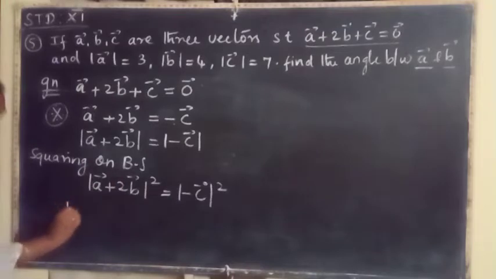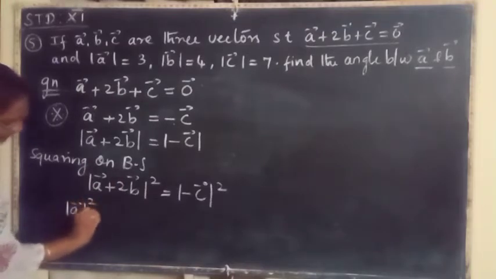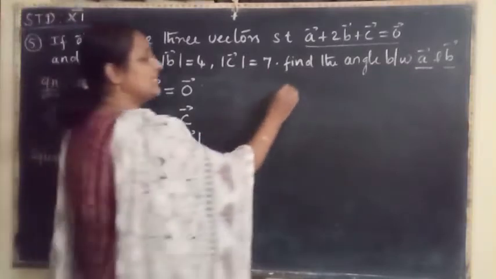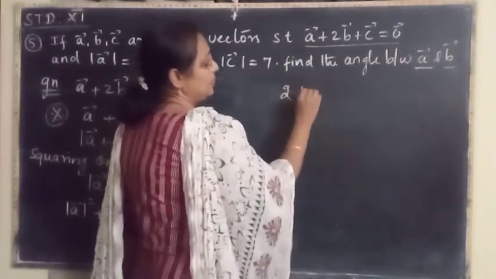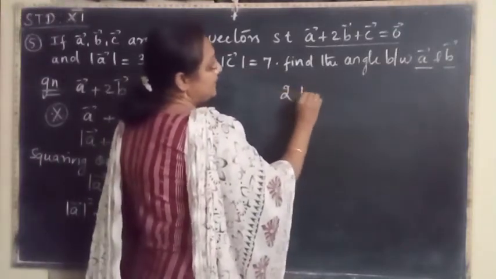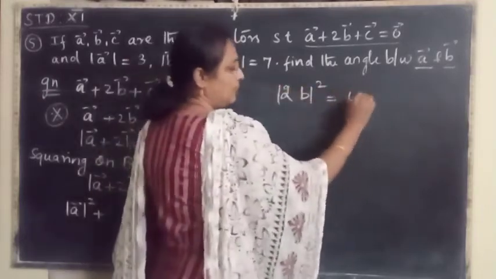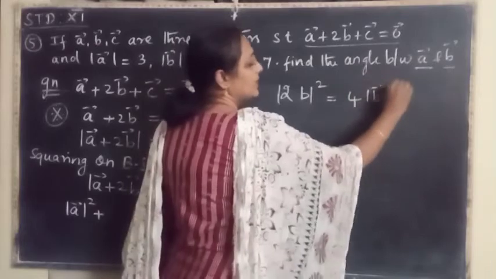Look into this. Modulus of A vector the whole square plus modulus of 2 into B vector. Now this 2 is a scalar, so 2 into B modulus the whole square means the constant will become 4, modulus of B vector the whole square.